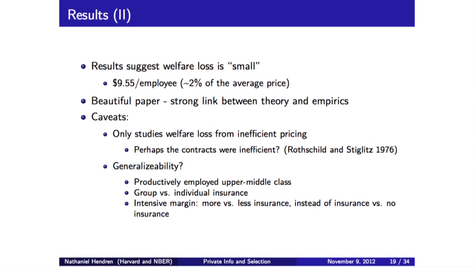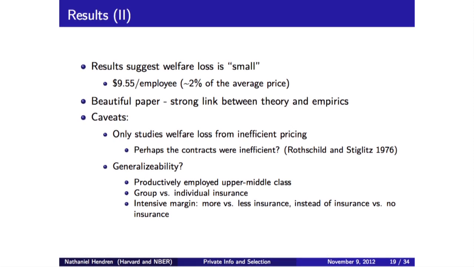The welfare loss is estimated off of the inefficient pricing at the level of the business unit head. There are many reasons to think you would rather have pricing be individual specific as opposed to aggregated at the business unit head. Also, from Rothschild and Stiglitz, we know that perhaps some of the inefficiency is given by the fact that the wrong contracts are in existence.